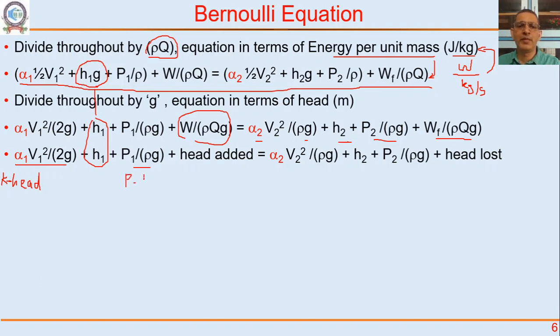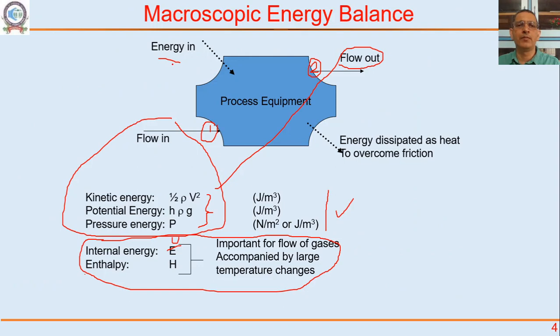It has units of meters. It is equivalent to a height, but we don't say pressure height. It is an energy, so we say head, we say pressure head. Similarly, this W by rho Q g we can think of in terms of head added by whatever external work we have done, whatever extra power or mechanical energy we have put in.